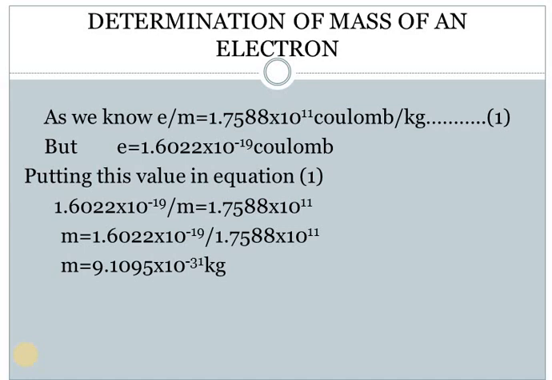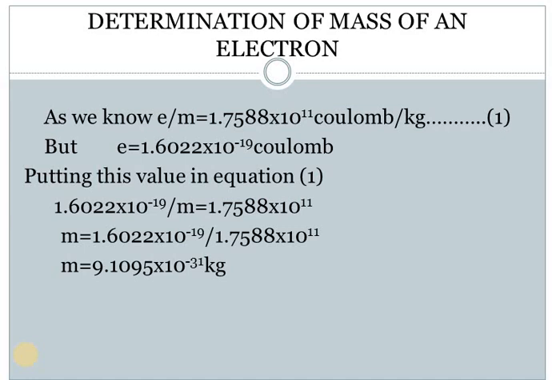And the mass of an electron, whether it is of any atom, is the same. It is not that hydrogen will be having a different mass of electron while oxygen will be having a different mass of electron. No, it will not be like that. All the atoms will be having the same mass of each one single electron.